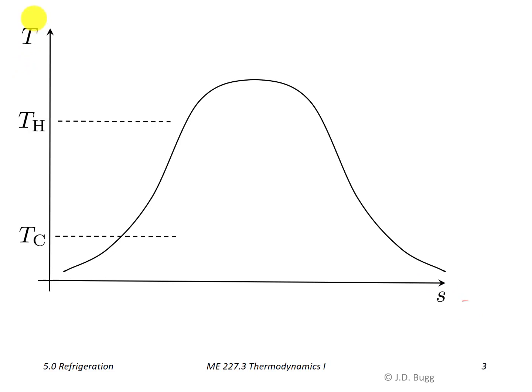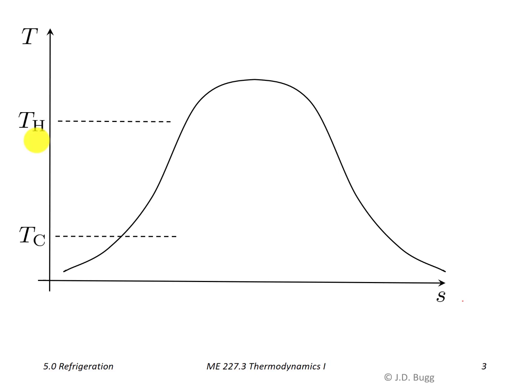Well, one of the reasons that we like to use substances that are changing phase in equipment like this is that we can achieve a constant temperature heat transfer process that is also constant pressure. Because we remember that if we're inside this liquid vapor region, a constant temperature line and a constant pressure line coincide. So a constant pressure process, like we would see through a heat exchanger, a condenser, or evaporator, also is a constant temperature process if we're inside the liquid vapor region.